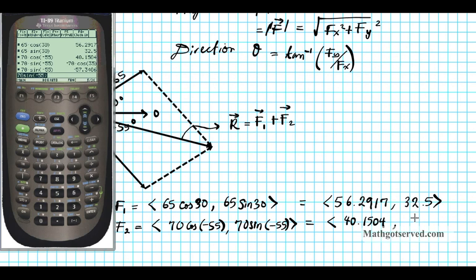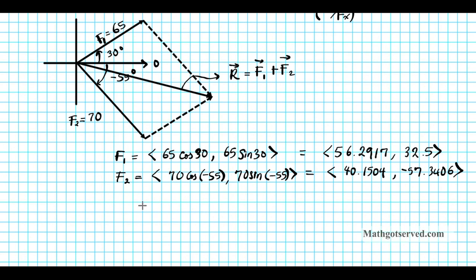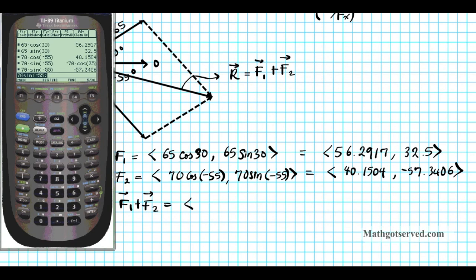We're going to do 56.2917 plus 40.1504, and we have 96.4421. Let's write that down. That's the x component of our vector.